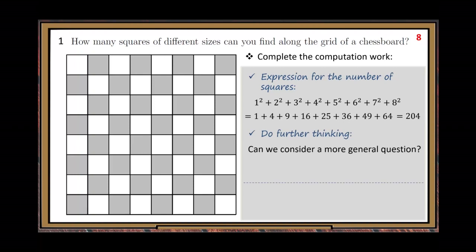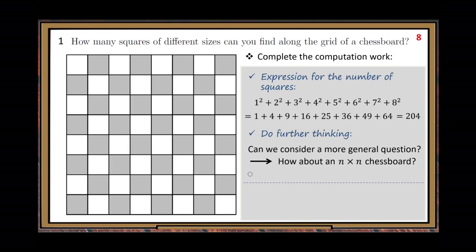Next, let's do some further thinking. Can we consider a more general question of a similar type? How about an n by n chessboard? The size of the chessboard, each side, is n units.